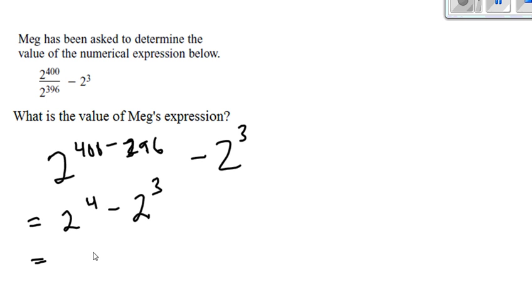Now you can do this in your calculator, although hopefully you won't need it. 2 times 2 times 2 times 2 is 16. And here 2 times 2 times 2 is 8. So 16 take away 8, and the answer is 8. Again, it's a really nice question in my opinion because it involves you understanding a law and not just relying on what your calculator tells you.